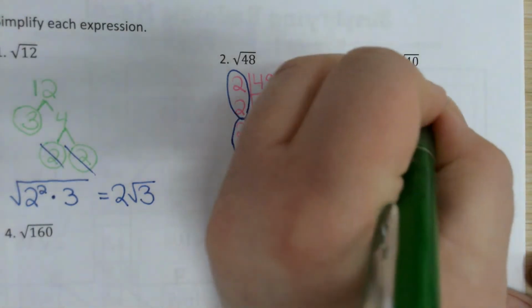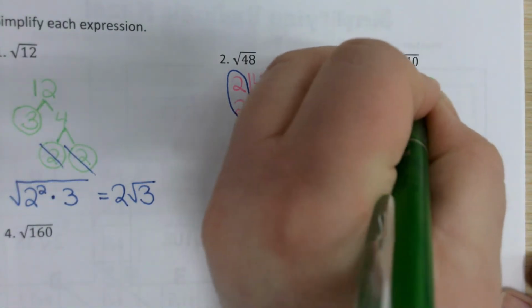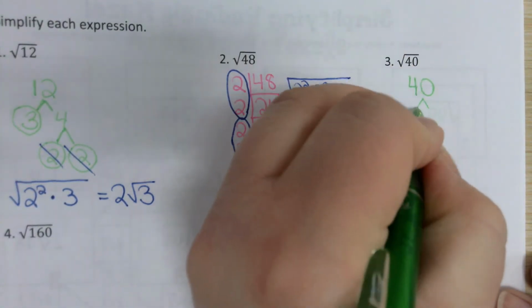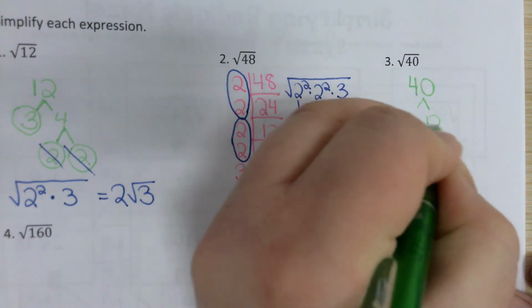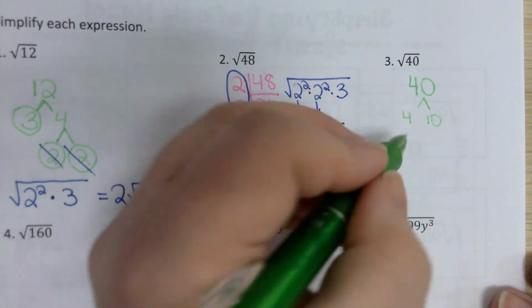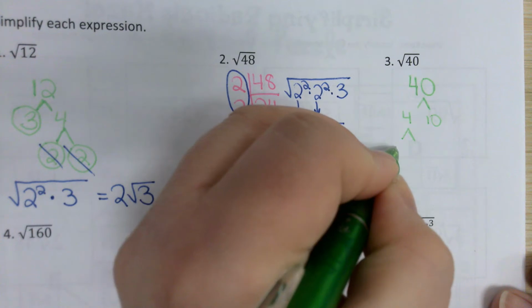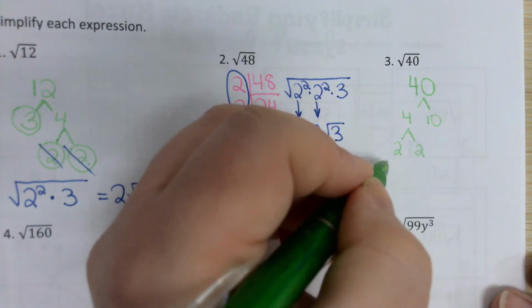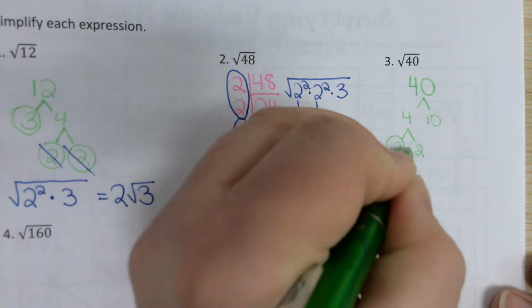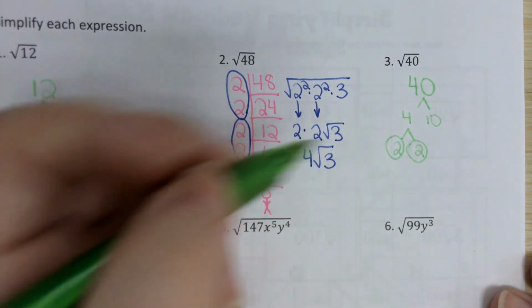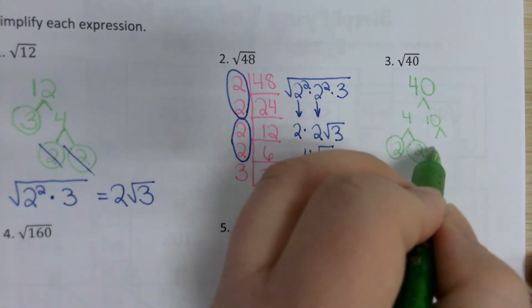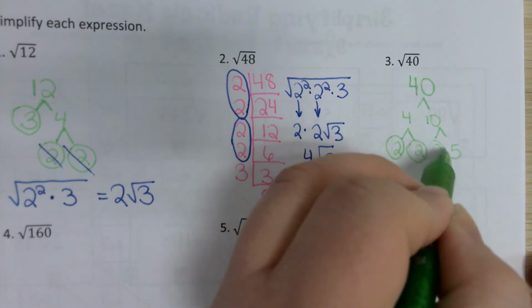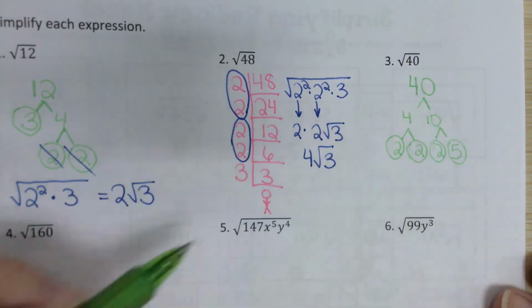So for 40, I'll use 4 and 10. Neither one of those are prime. 4 can be broken down into 2 and 2, and both of those are prime, so they get circles. 10 can be broken down into 2 and 5, and both of those are prime, so they get circles.